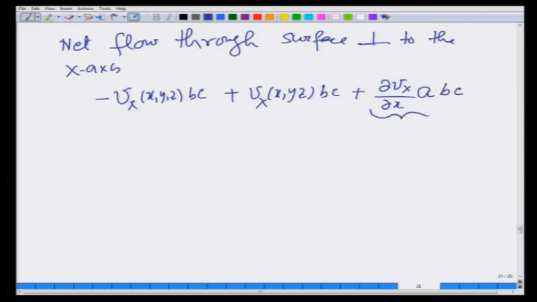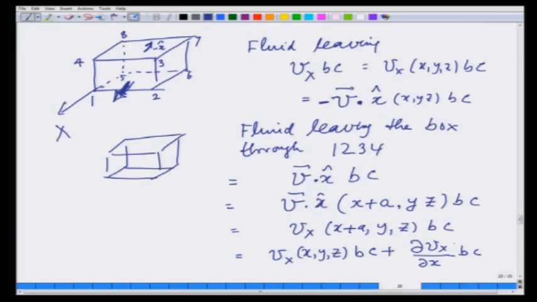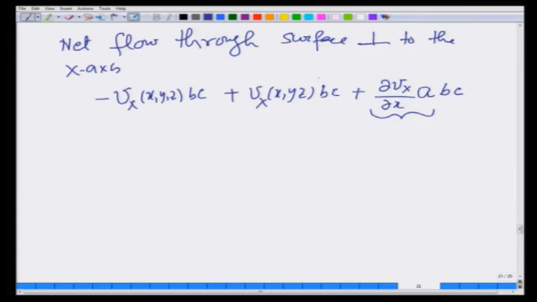This is the change in V x through a. Let me see if I wrote that a earlier. No, I did not. So, there should be an a here. This cancels and we are left with partial V x by partial x a, b, c.